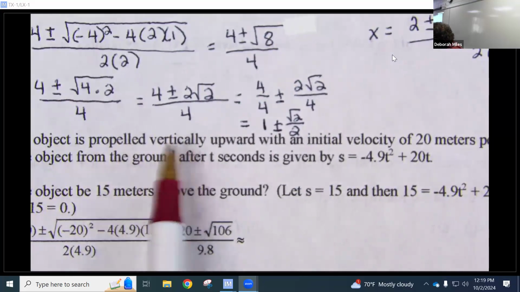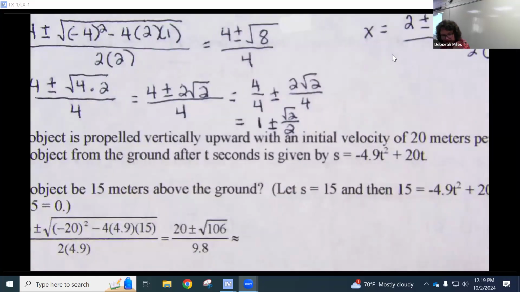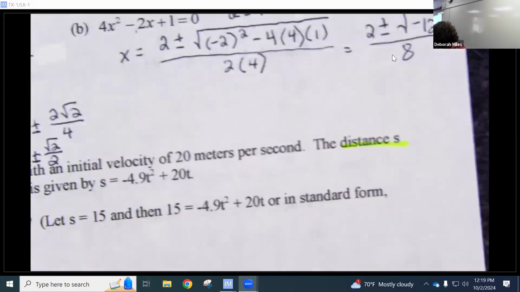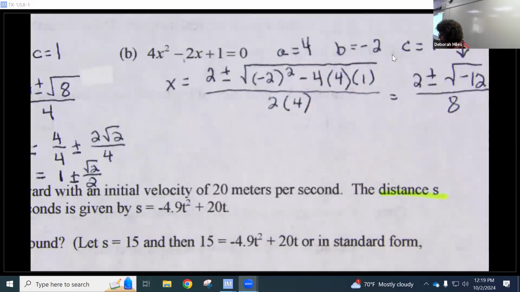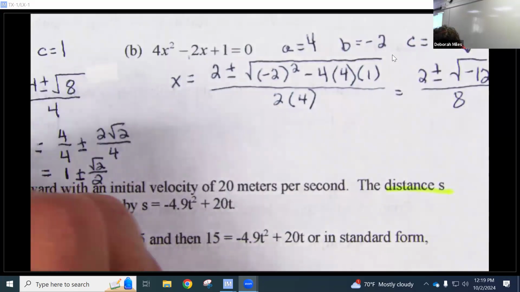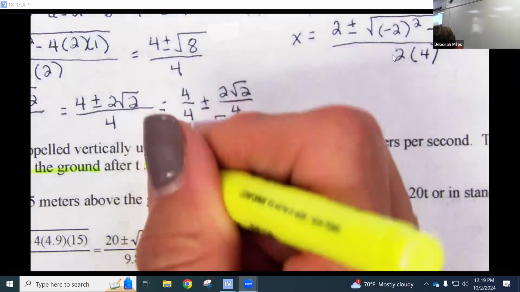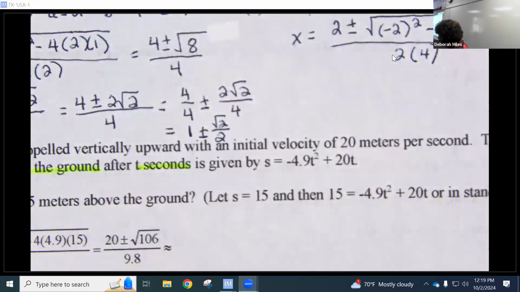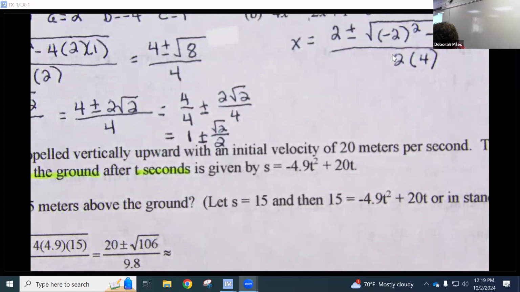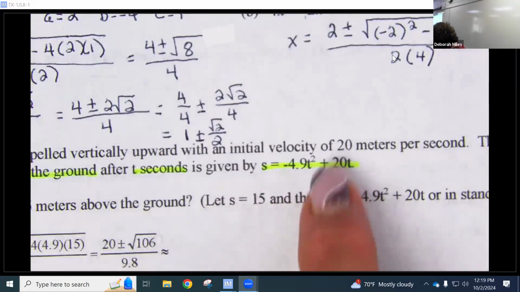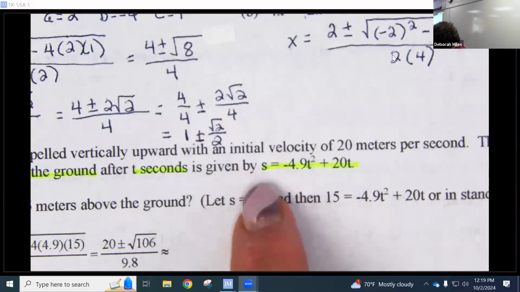The distance S, gotta know what my variables stand for, and it's telling me S is a distance from the ground. And T is a number of seconds. So they've given me a formula for calculating, you give me a time, I'll tell you how far above ground the object is at that time.